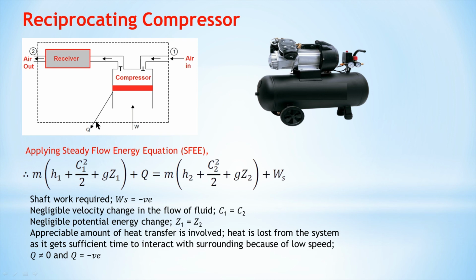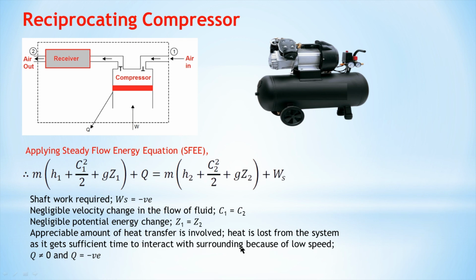In a reciprocating compressor, we generally observe that fins are used to transfer heat, because during the process the pressure of the gas increases, so the temperature of the gas also increases. So an appreciable amount of heat transfer is involved.